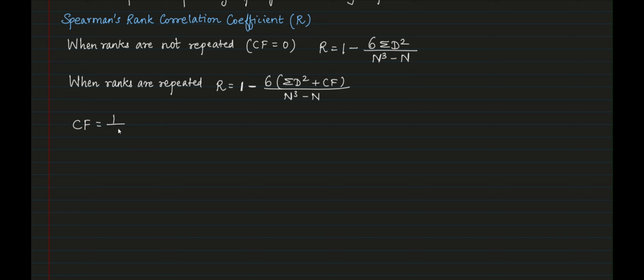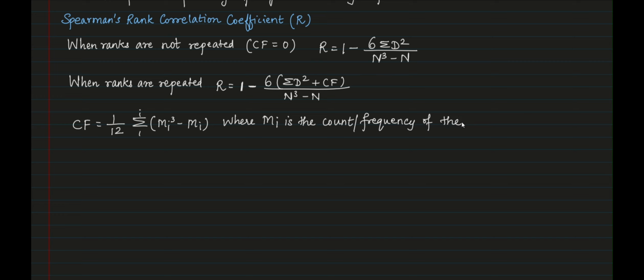Correction factor is 1 upon 12 times summation m i cube minus m i, where m i is the count or frequency of the repeated rank or the repeated observation.